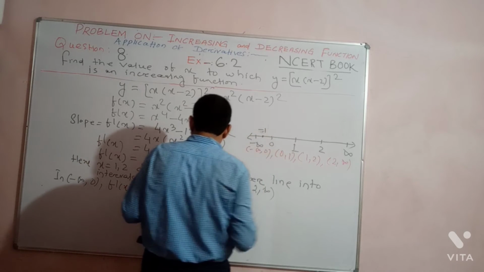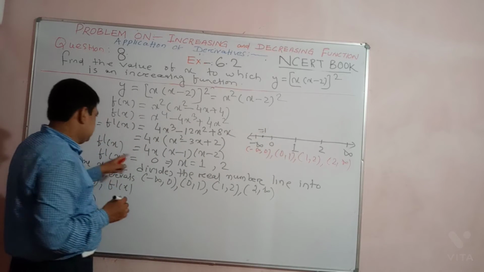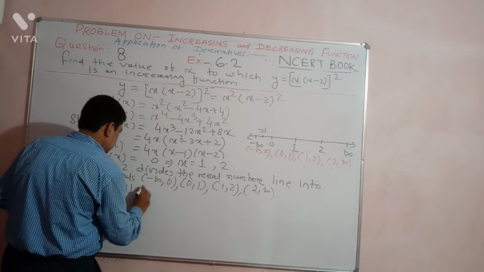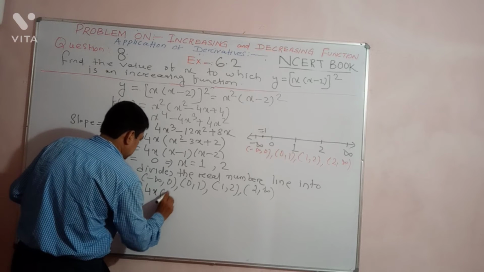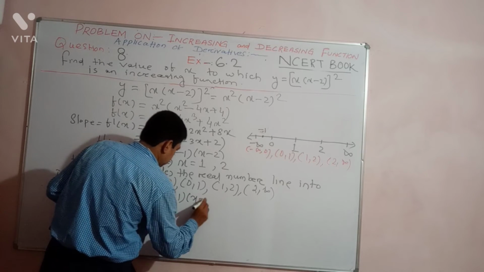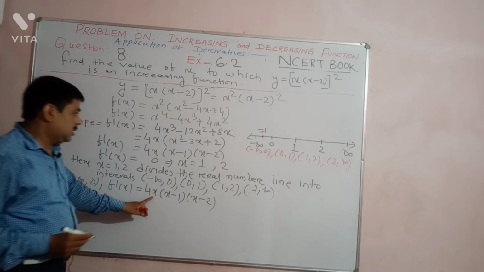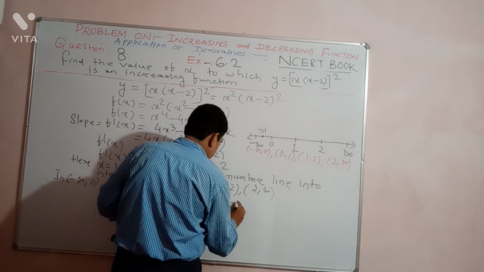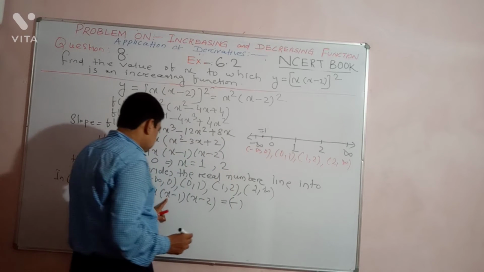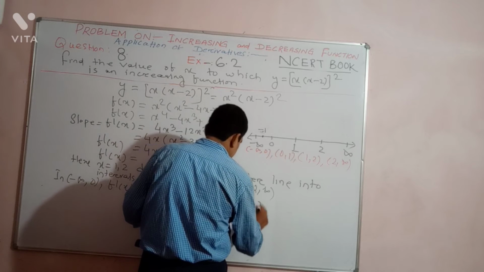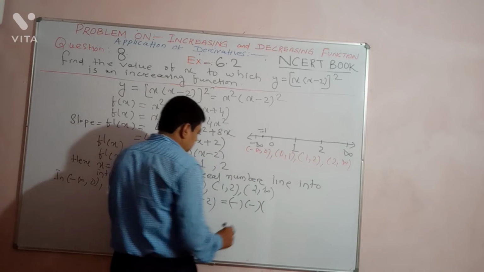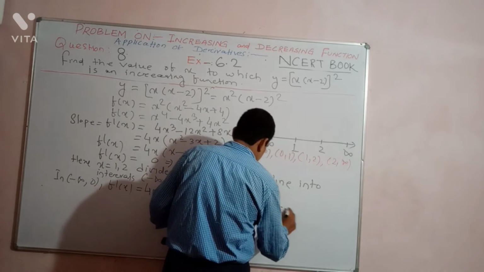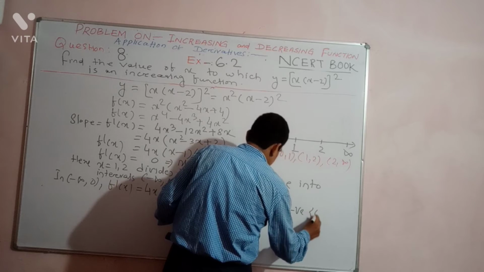Look at f dash x, which is x times (x minus 1) times (x minus 2). Suppose I take x less than 0, any number. Then x is negative, x minus 1 is negative, and x minus 2 is negative, so the whole value will be negative, which means less than 0.